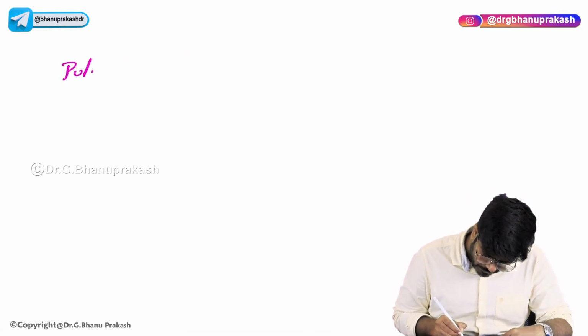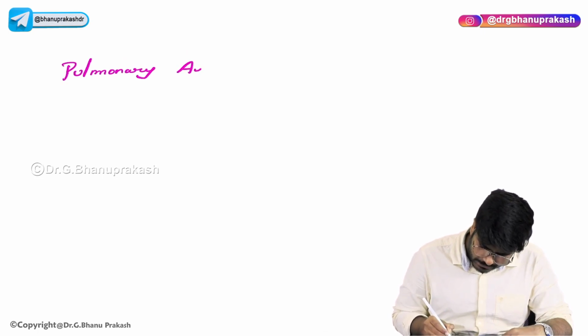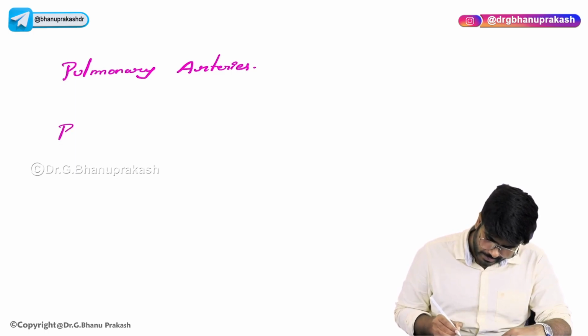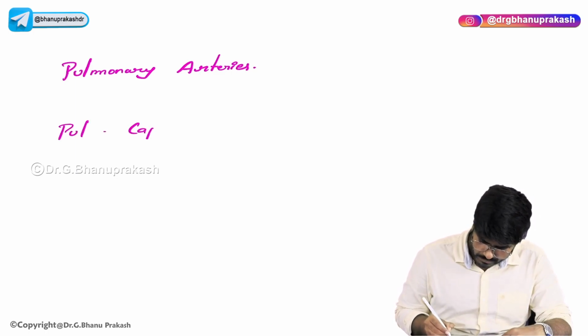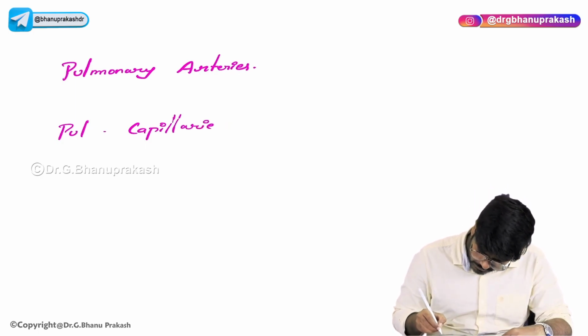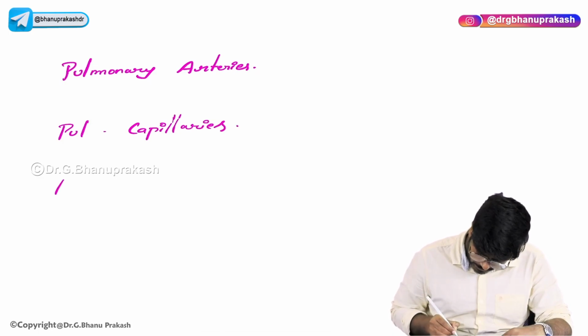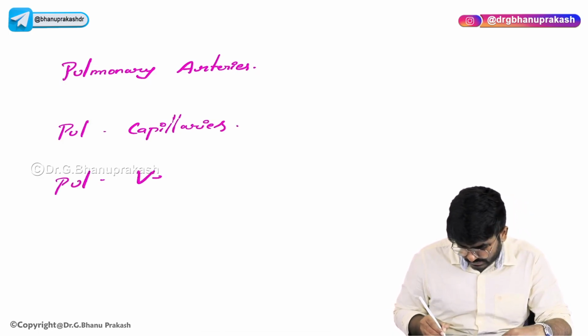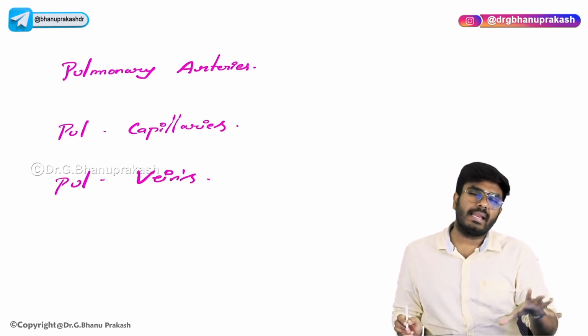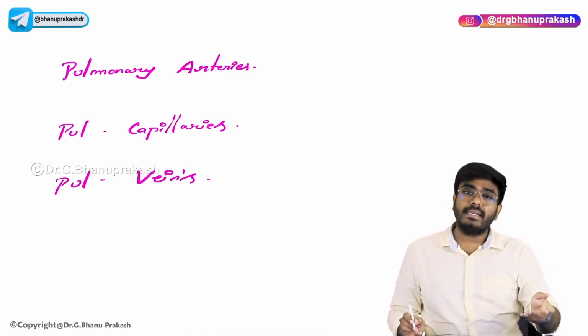Pulmonary arteries. Okay, these are the basic points. Pulmonary capillaries, and pulmonary veins. Now usually in the body, arteries are carrying the oxygenated blood and veins are carrying the deoxygenated blood.